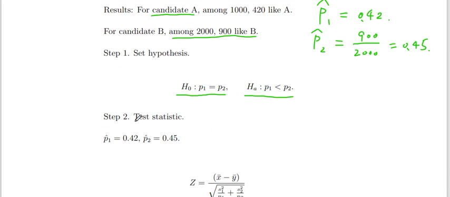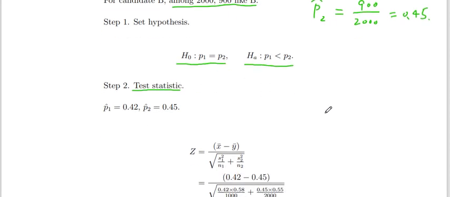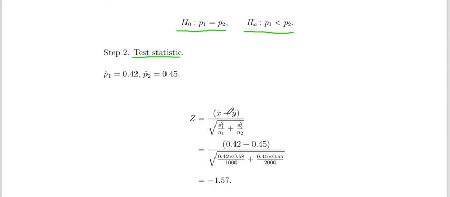For the test statistic, we use this formula: x bar minus y bar over the square root of s1 square over n1 plus s2 square over n2.